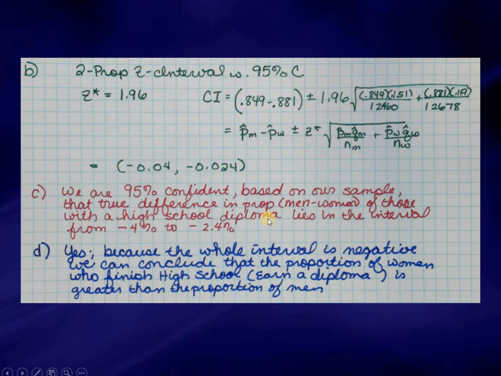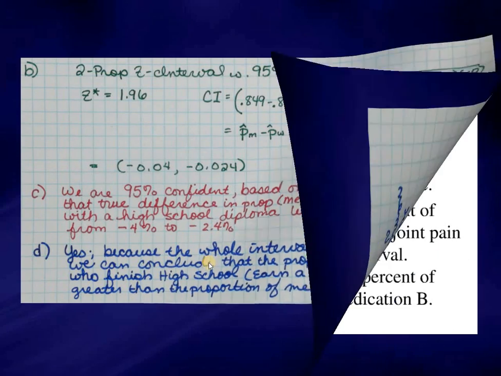So then my interpretation would be that we are 95% confident based on our sample the true difference in proportion, men minus women, of those with a high school diploma, lies in the interval from negative 4% to negative 2.4%. What does that mean if I'm looking at that? If I did men minus women and the whole interval was negative, there's more women.